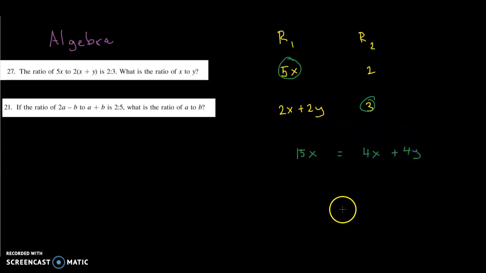Okay, we're actually almost done. Remember, what we want to do is get all the x terms to one side and all the y terms to the other side. So I can subtract 4x from both sides. And that gets me to 11x is equal to 4y. And we're done. The ratio of x to y is 11 to 4.